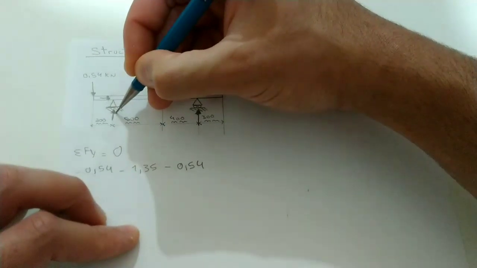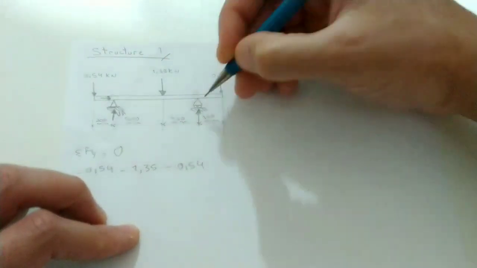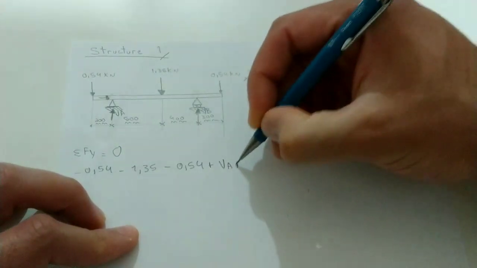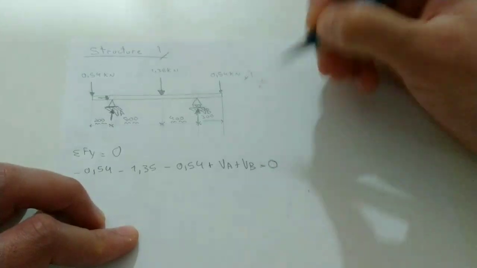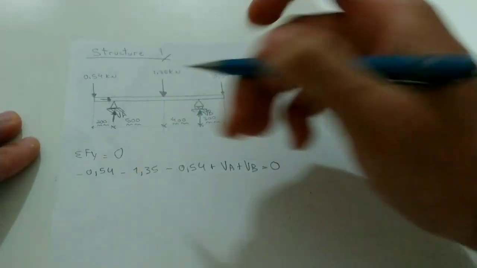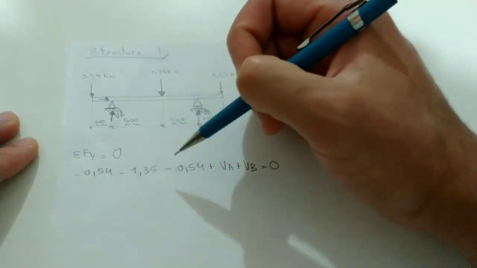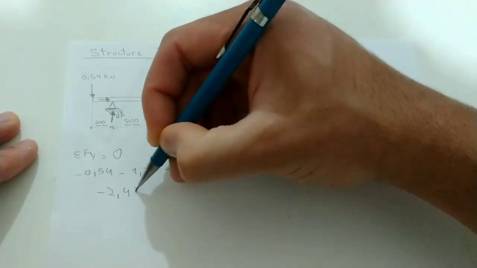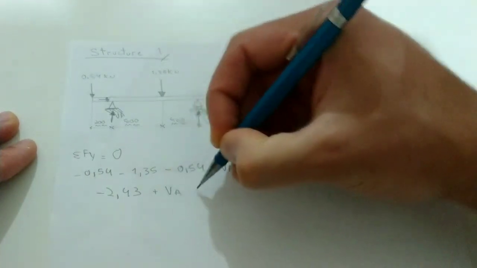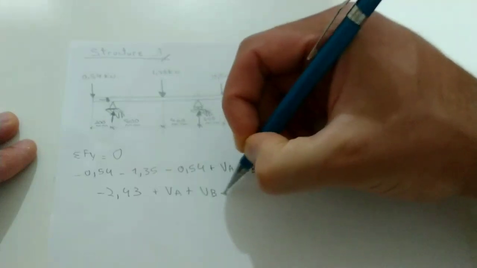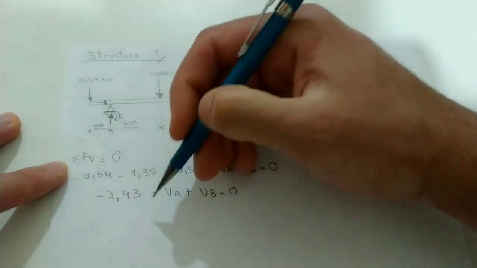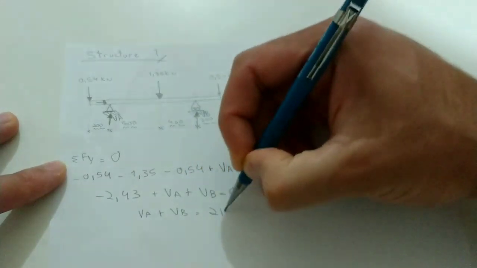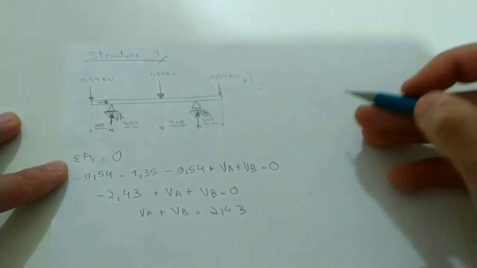I will call this force VA and this force VB. VA plus VB equals 0. So let's make the summatory of the numbers. Will be 2.43 more VB. Let's pass this number to the other side. And we have this equation.